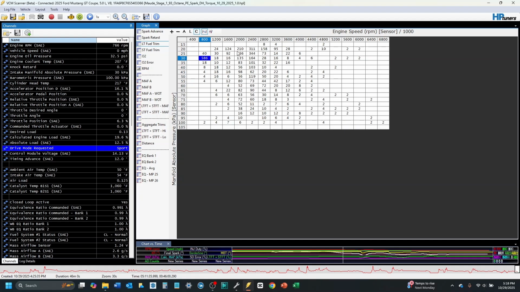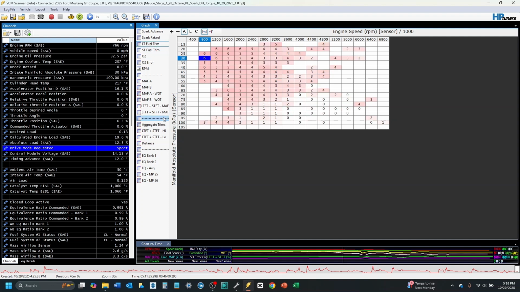The bulk of my data here, though, short term trims, this is pretty good. What you don't want to see are big numbers and swings here. So we did kind of okay. That's the first clue.